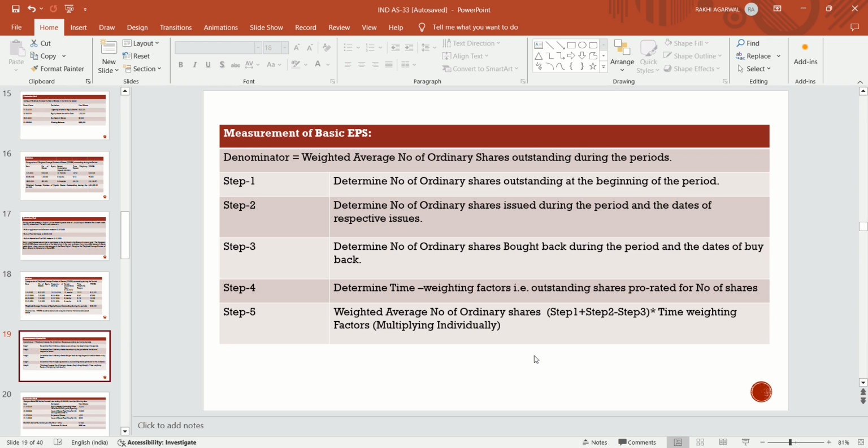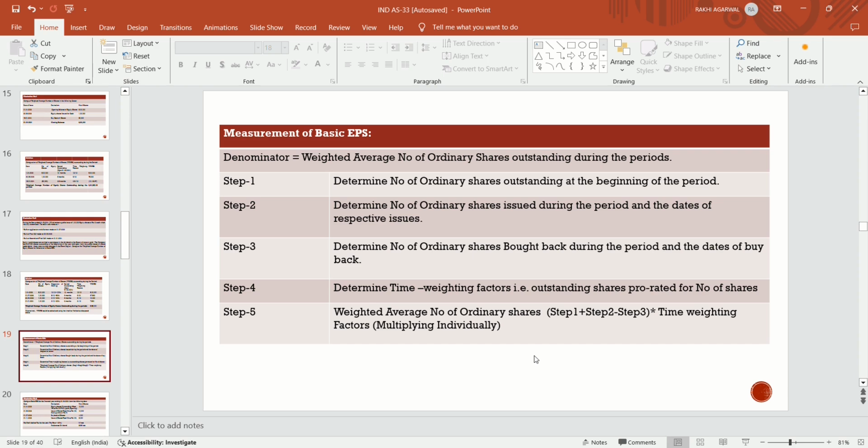And then we will determine the time weighing factor outstanding. Whatever the shares are, we will put a time weightage factor outstanding on a pro rata basis for the number of issues. We will give all the shares a time weighing factor on a pro rata basis, and then weighted average number of shares is step 1 plus step 2 minus step 3, into time weighing factor, that is step 4, multiplying individually.